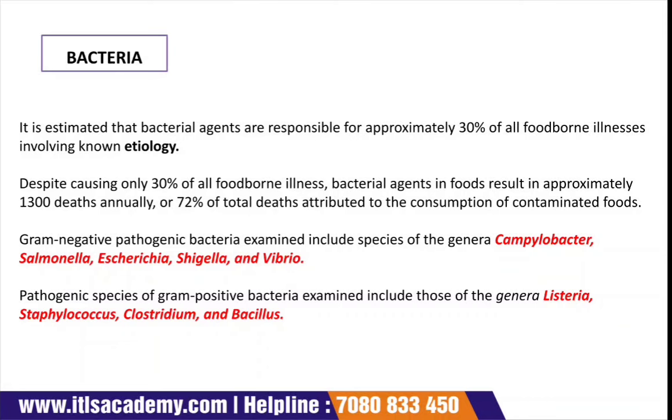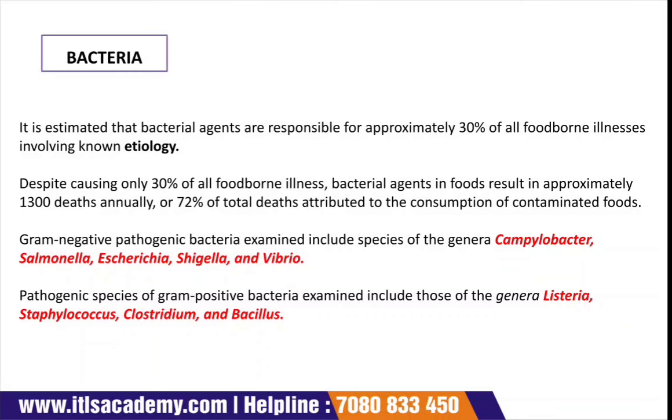And all the foodborne illness involving these agents is known as etiology. Despite causing only 30% of foodborne illness, these bacterial agents in food result in approximately 1,300 deaths annually, or 72% of deaths attributed to the consumption of contaminated food.